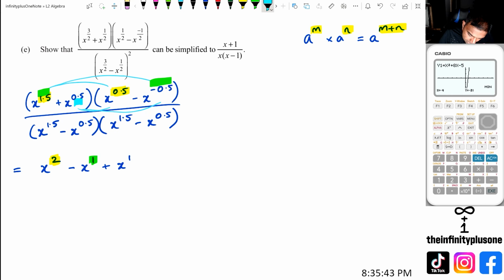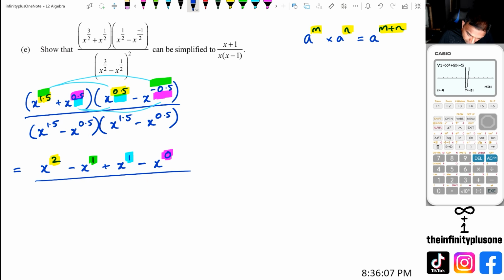The blue one is 0.5 and 0.5. That's where I get x to the power of 1. Then finally minus x to the power of 0. For the 0, I'm looking at 0.5 and negative 0.5. That's going to give me 0. So that's pretty much the numerator.